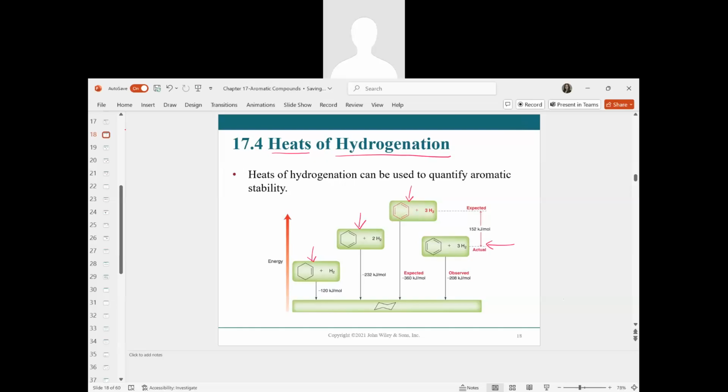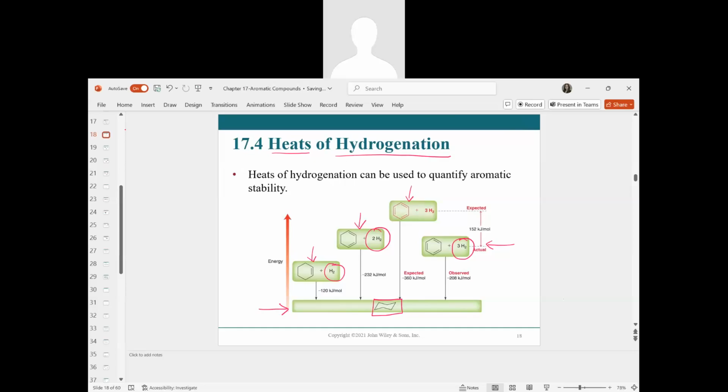here. So if you recall, the heats of hydrogenation, this is in reference to if we were to hydrogenate these compounds using either 1, 2, or 3 moles of H2 gas to fully reduce these compounds, they would all reach this energy down here, the most stable form of cyclohexane, the chair conformation.